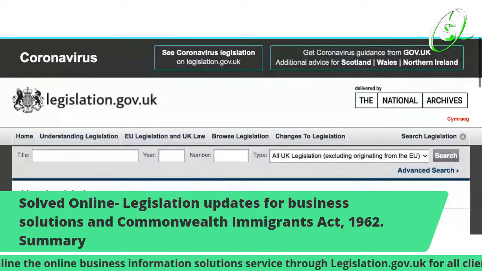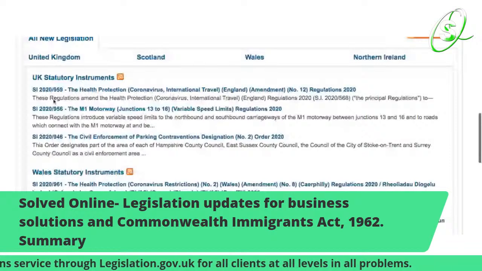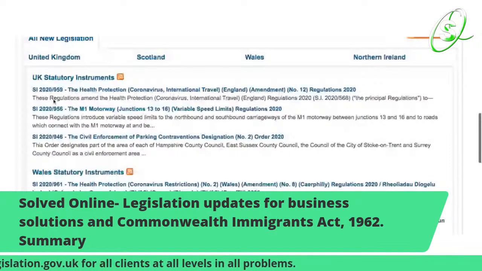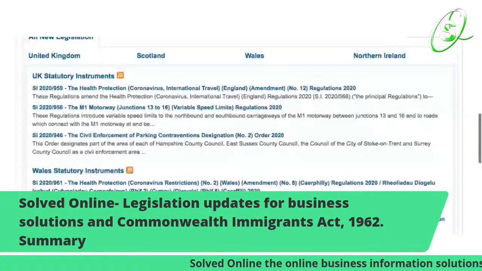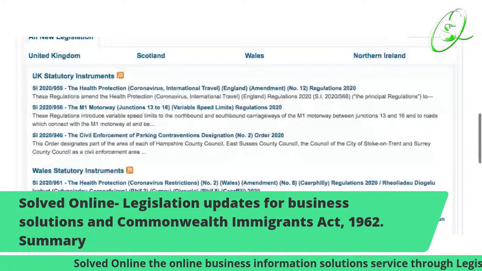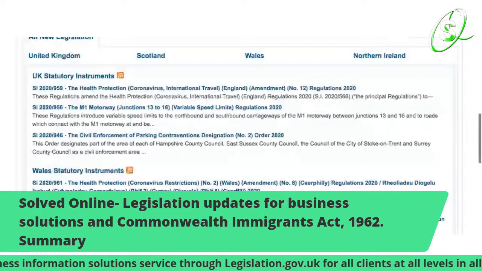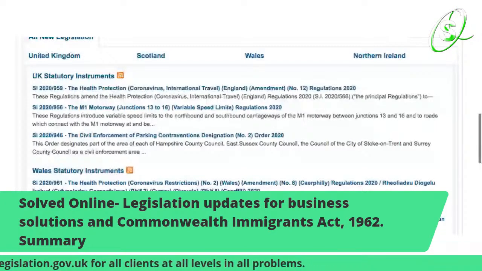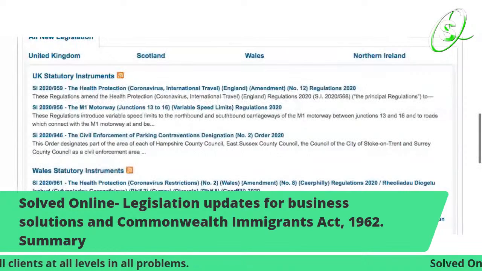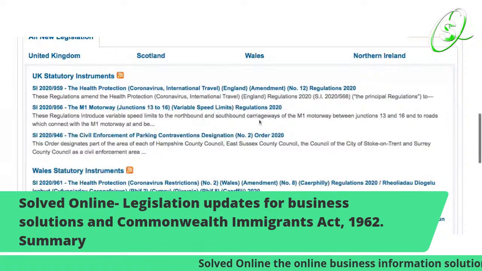It says today. So the first one is the Health Protection (Coronavirus, International Travel) (England) (Amendment) (No. 12) Regulations 2020. The next one is the M1 Motorway (Junction 13 to 16) (Variable Speed Limits) Regulations 2020.